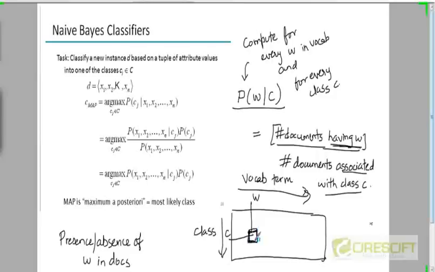And then based on what this particular frequency is, it's like a document frequency, except that we are just focusing on documents labeled with the class C. So the number of documents having the word W in it divided by the total number of documents that are labeled with class C. So you can either directly store the probability here, or you can compute it on the fly. I mean, the implementation is separate, but conceptually this is what you're doing.